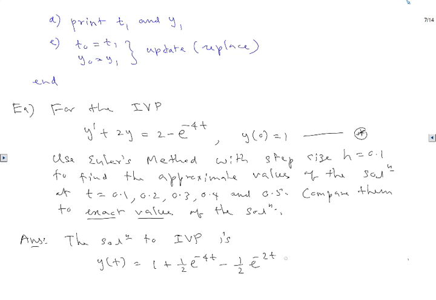Now we can use Euler's method, but we know that to use Euler's method, you have to write the differential equation as y prime equal. That means you have to move the 2y term to the other side.